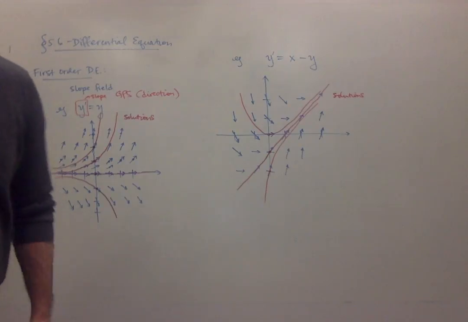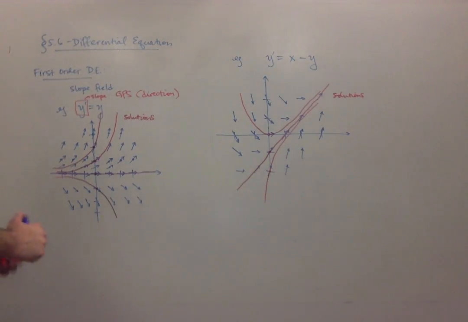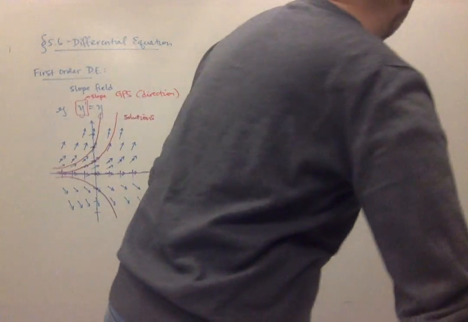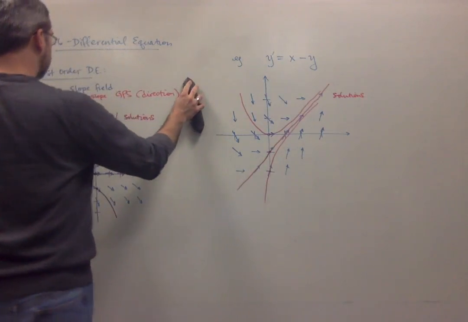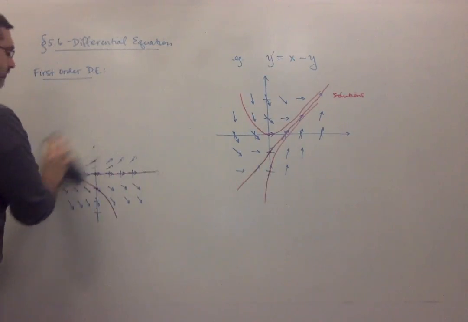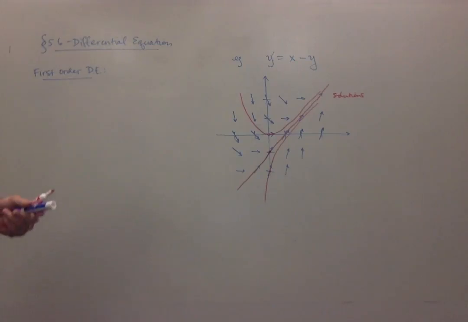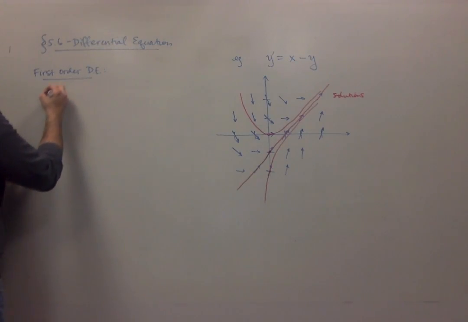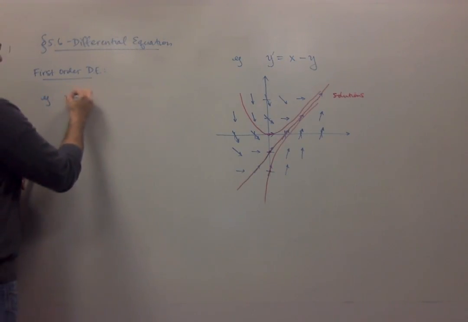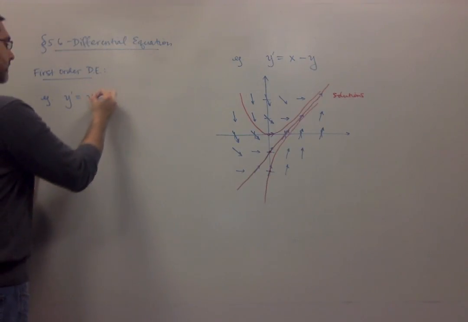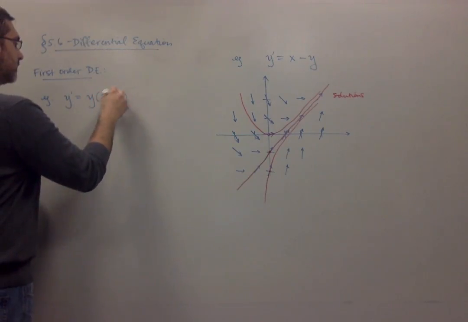Okay, let's do one more example, and then we'll get into actually how to solve some of these differential equations. So let's take the example y prime equals y times 3 minus y.